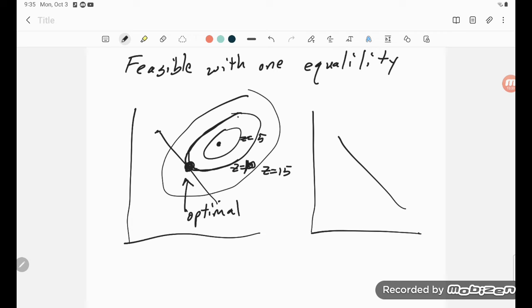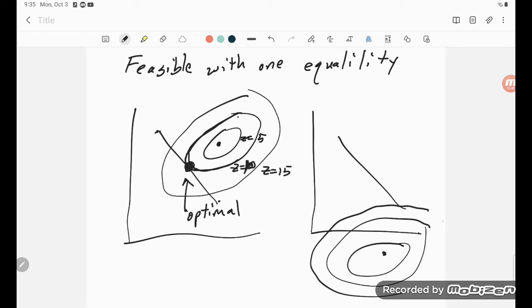Now, another thing that could happen is, if I put that center way down here somewhere, then maybe this is z equals 20, z equals 15, z equals 10, and we'll put another one out here, maybe z equals 30.